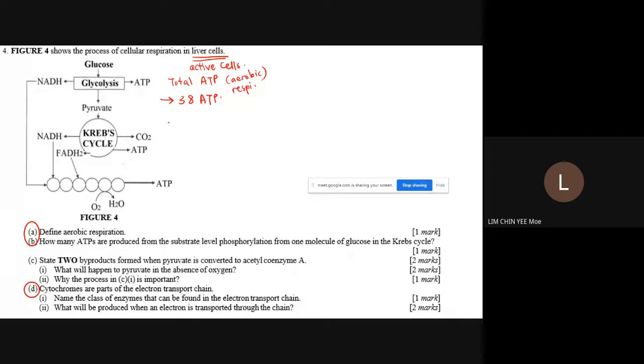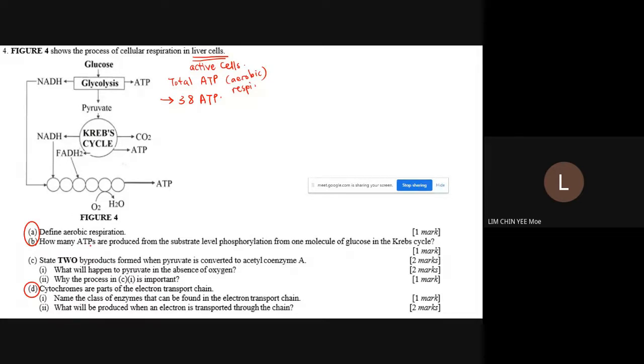So define aerobic respiration. Ini boleh ikut definition yang Miss bagi dalam nota. Okay, so the complete oxidation of glucose into carbon dioxide, water, and ATP or energy in the presence of oxygen. Itulah definition dia.